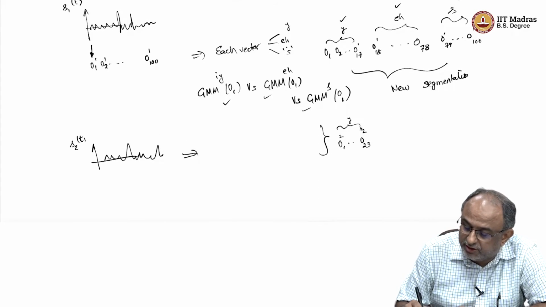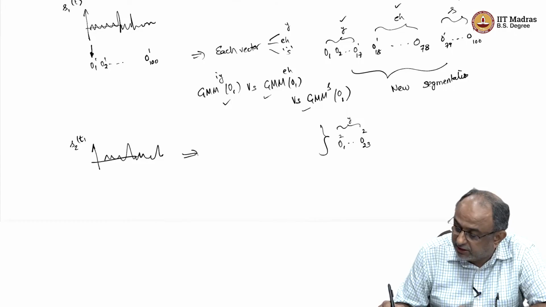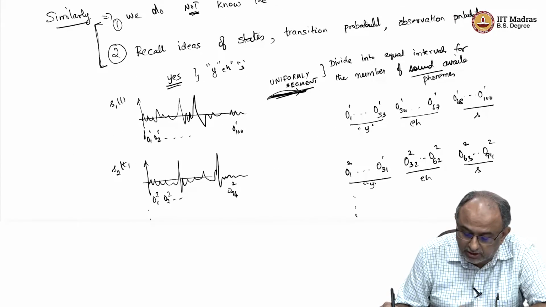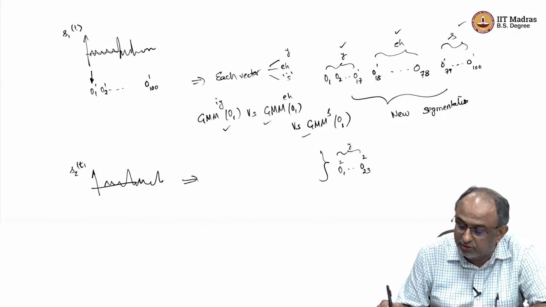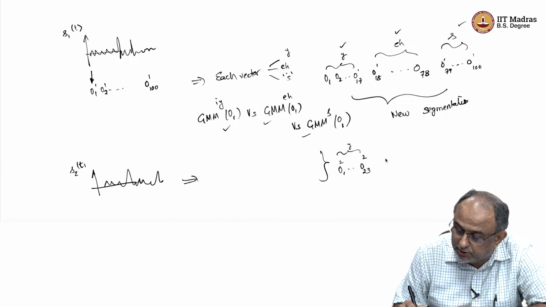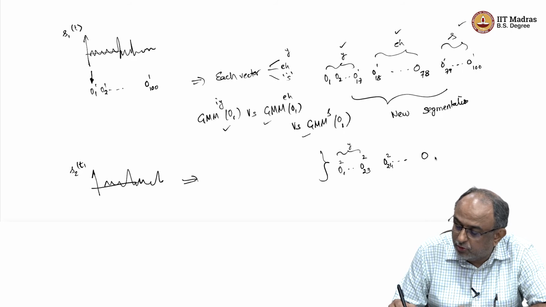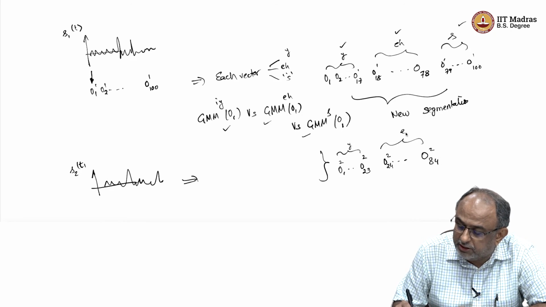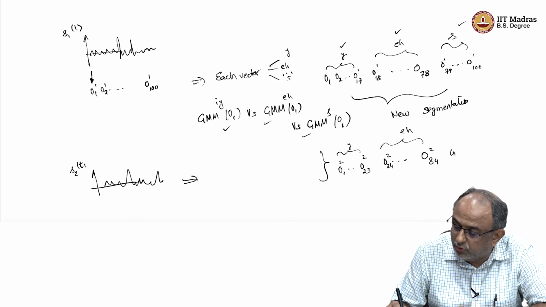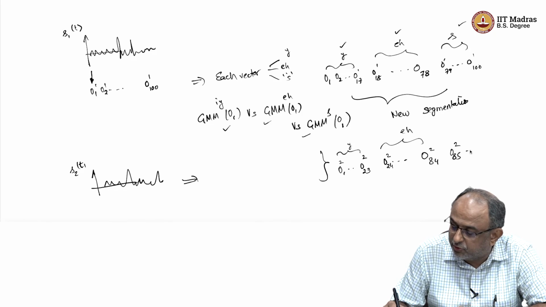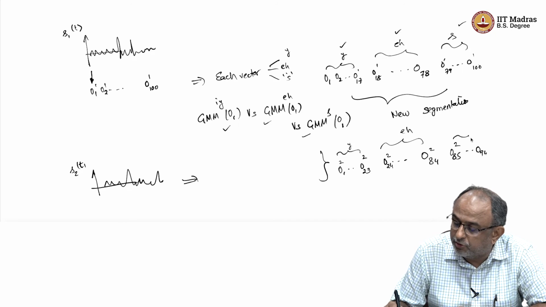This is again for yes. Then for the second one, how many were there? We thought there are 94 frames or 94 vectors. So it's possible O24 of the second vector up to O84 belongs to the EH, and then O85 to O94 belongs to S.